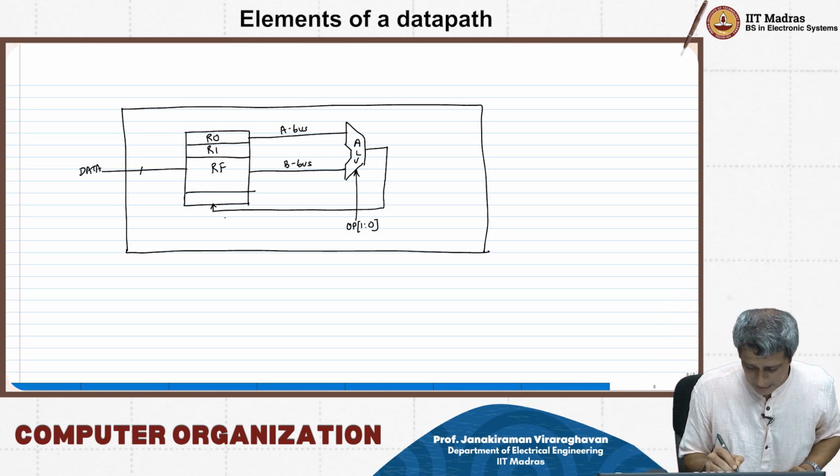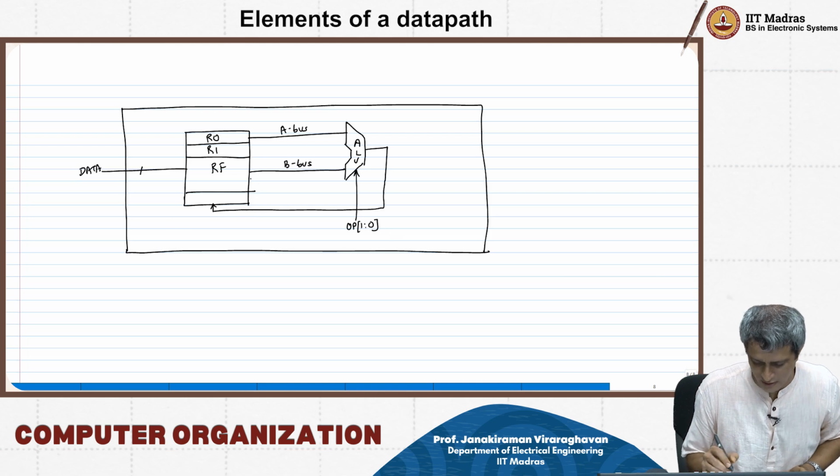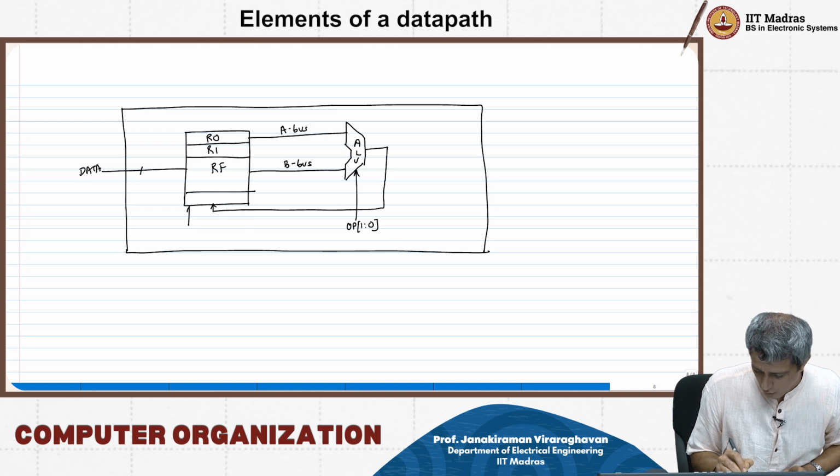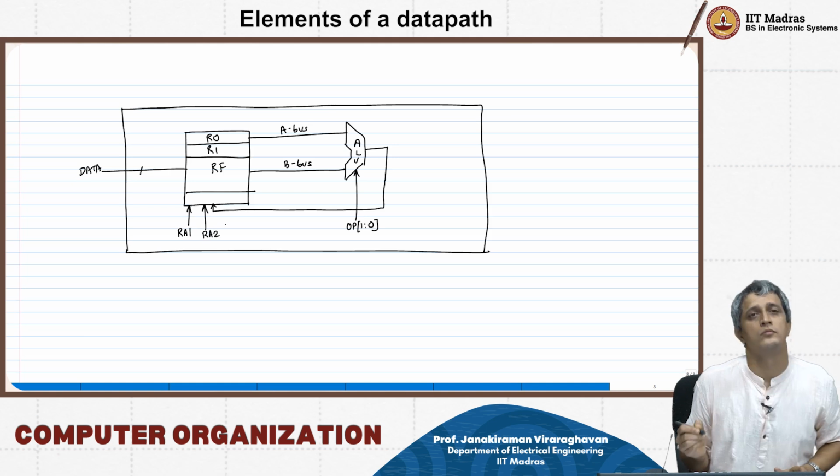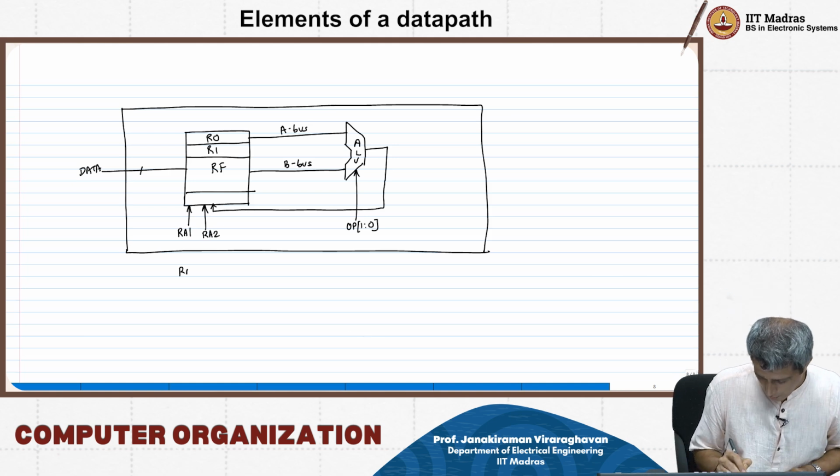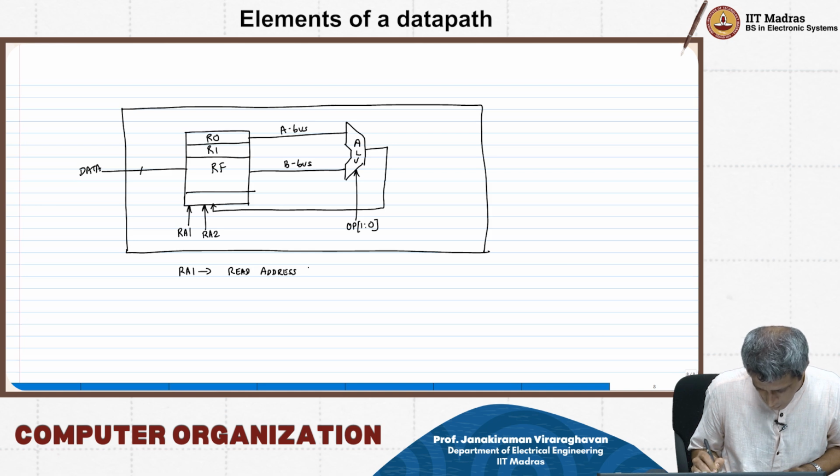And therefore I will basically get my read addresses. So this is a register file and this is going to have read address 1 and read address 2. Read address 1, right, and RA2 is read address 2.